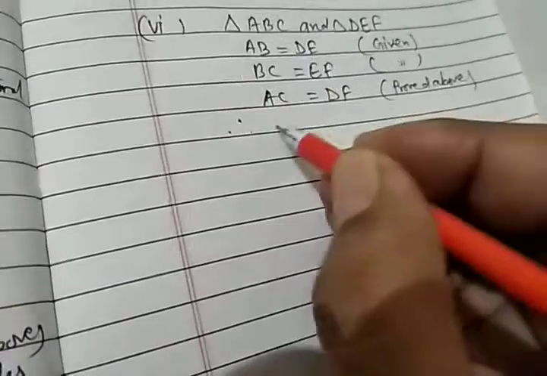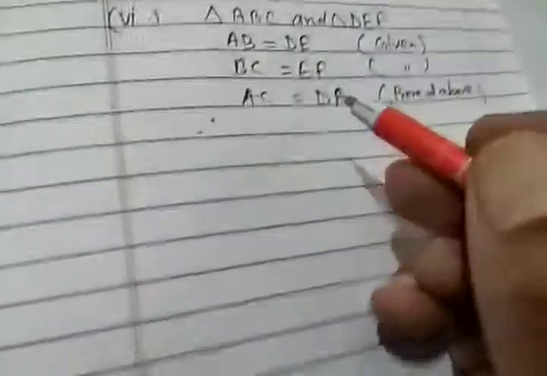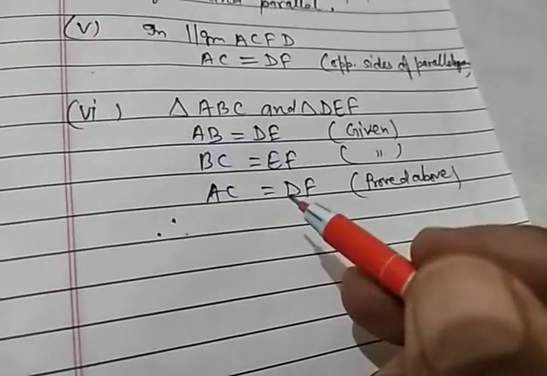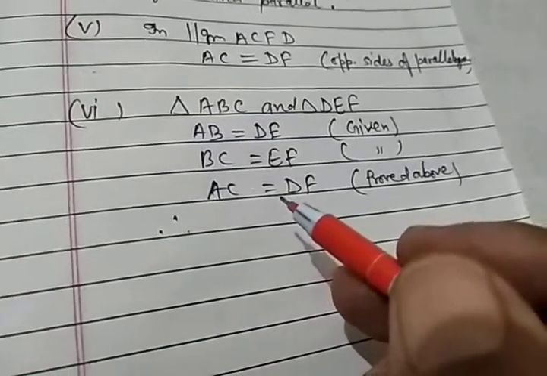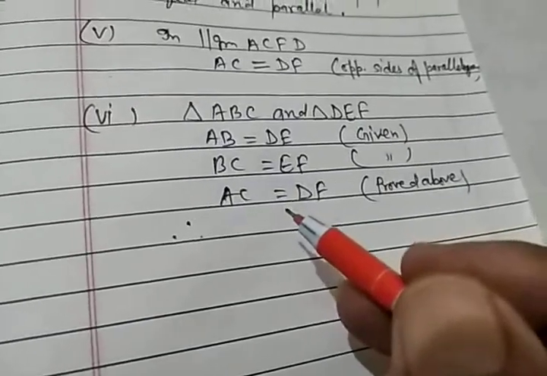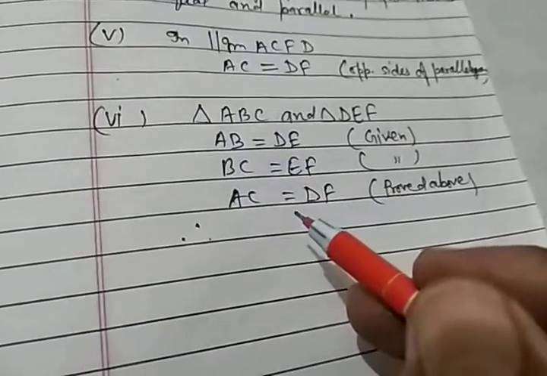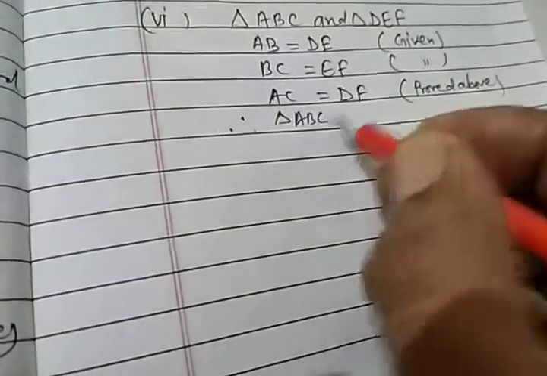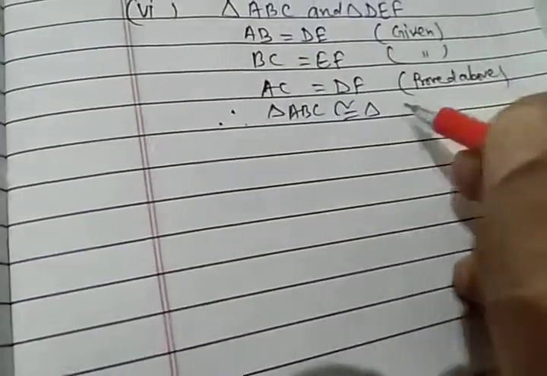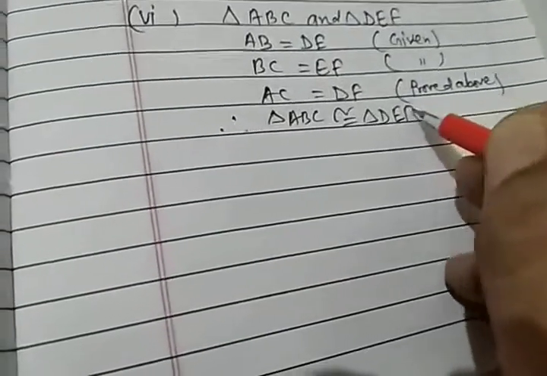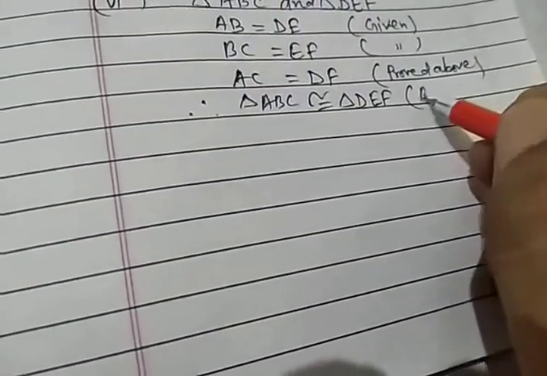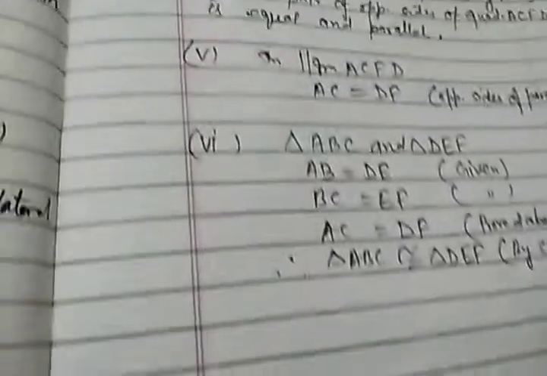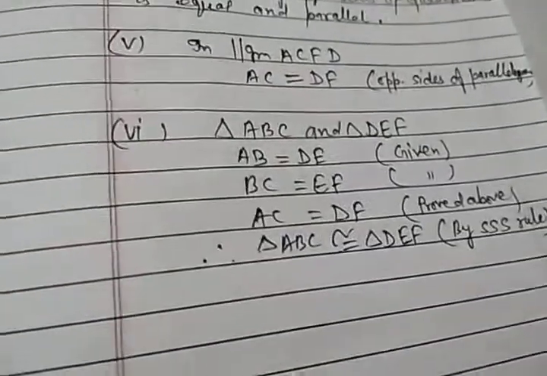Therefore, three sides of one triangle are equal to corresponding three sides of another triangle, then these will be congruent by SSS congruency criteria. So triangle ABC congruent triangle DEF by SSS rule. So this one is question number 11.